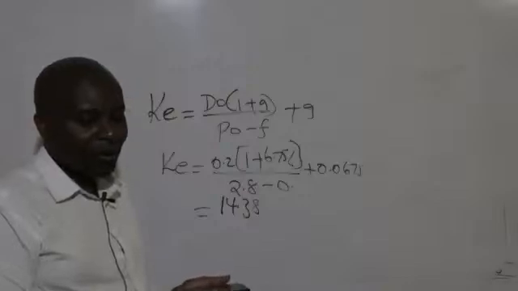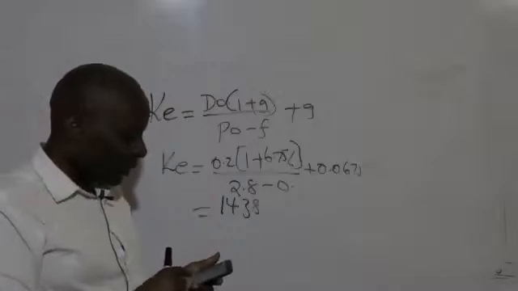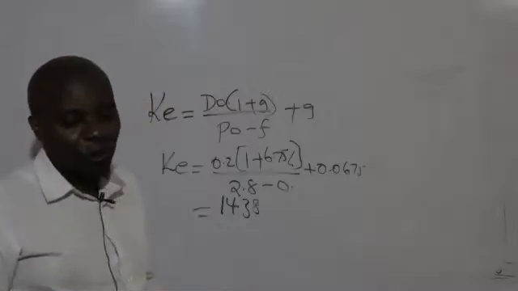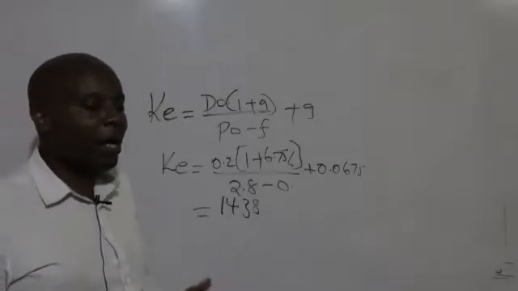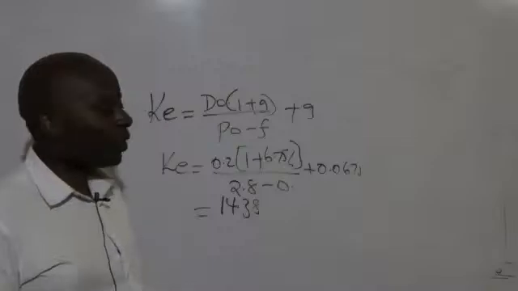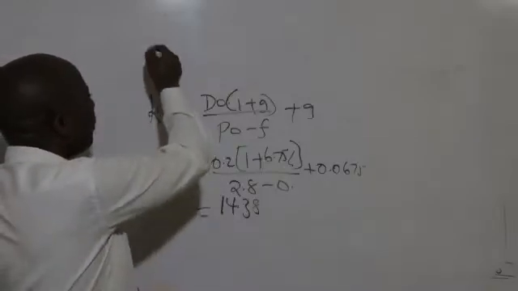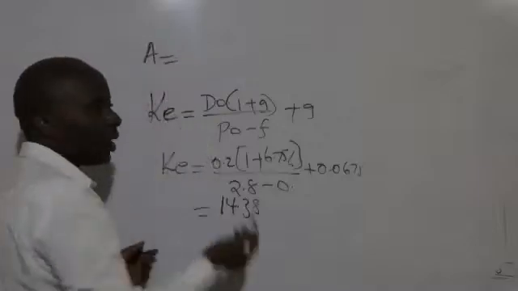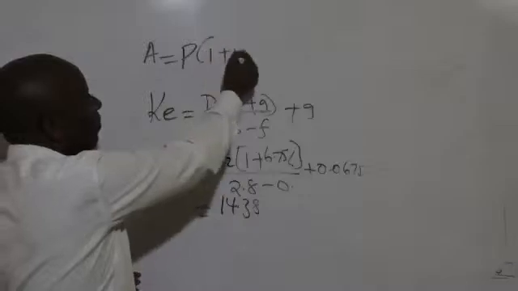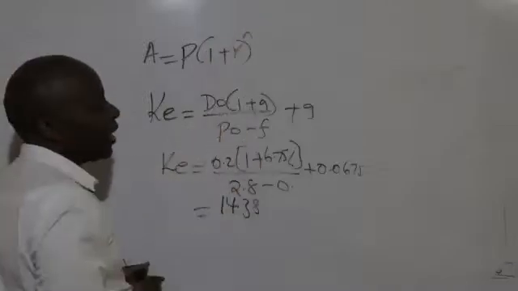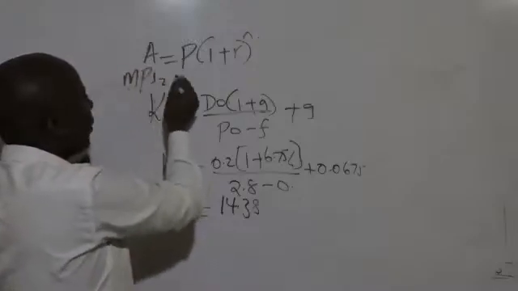Now from there, lastly, they want us to give them the market value per share in 2 years' time. So remember, this is just synonymous to using the compounding formula, where amount will be equal to principal into 1 plus R raised to power n, where this amount will be MPS at the end of year 2.